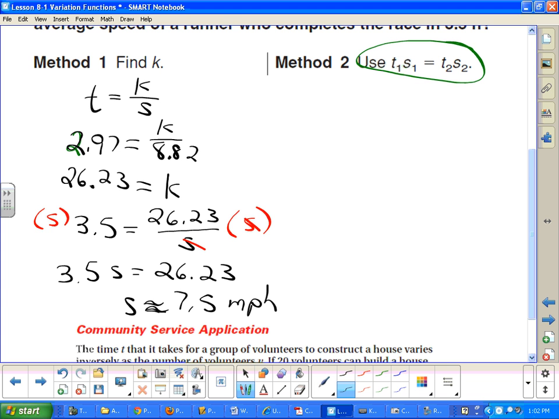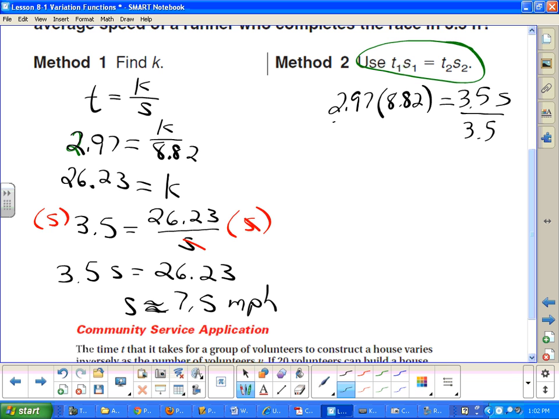And just like with the direct variation problems, probably using that proportion is a little bit easier, cross multiplying. Same thing here. My time one was 2.97. My speed, 8.82. My time two is 3.5. All I need is to find the second speed. And so much easier here.